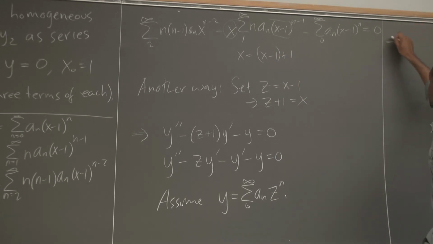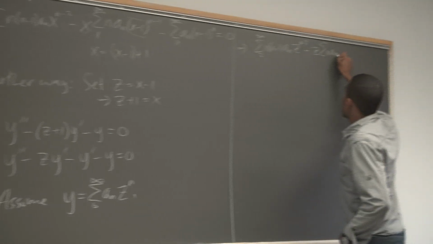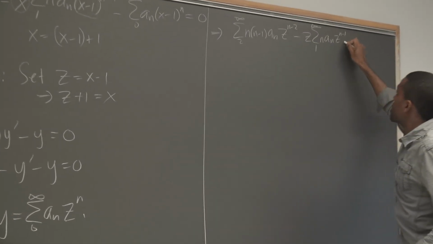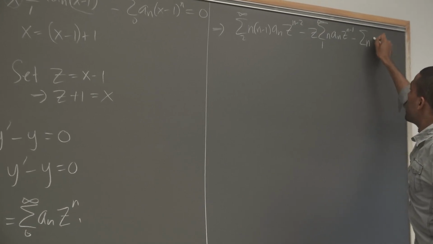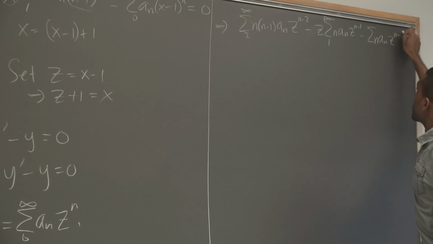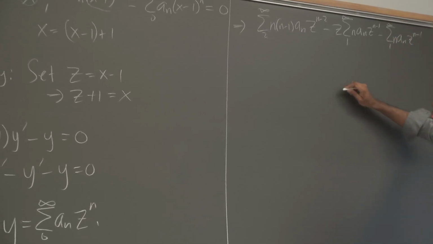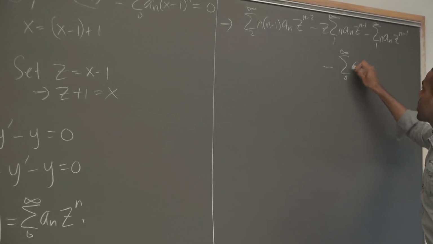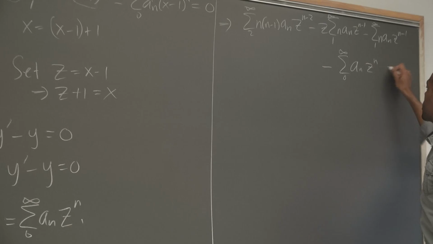So we plug this in. The series from 2 to infinity n, n minus 1, a n z to the n minus 2, minus z times the series of n a n z to the n minus 1 from 1 to infinity, minus the series of n a n z to the n minus 1 from 1 to infinity, minus the series from 0 to infinity of a n z to the n, and all that is equal to 0.